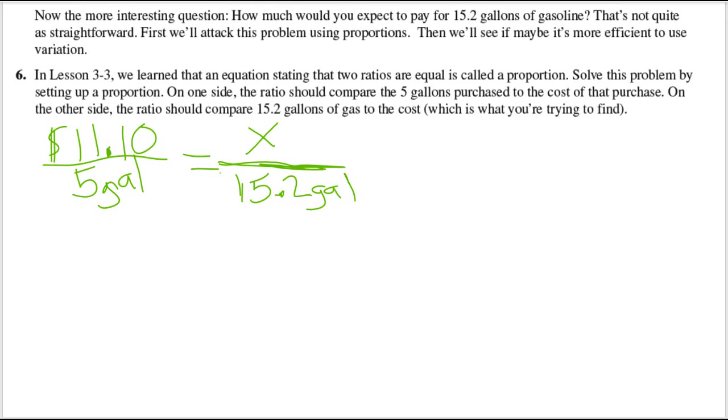The ratio should compare 15.2 gallons of gas to the cost, which is what you're trying to find. And we want to solve this problem.